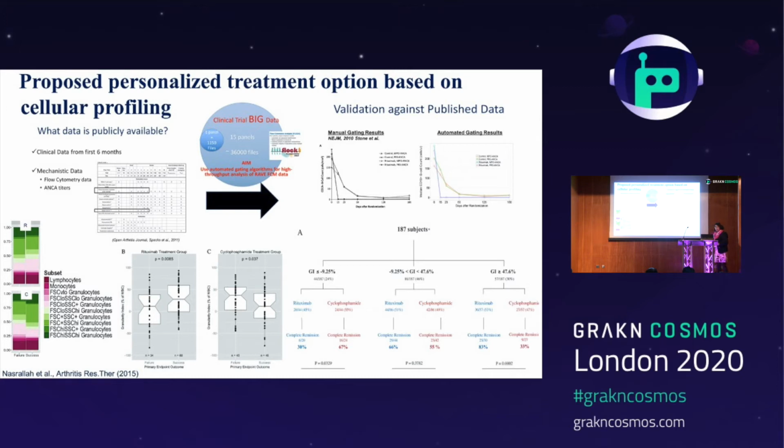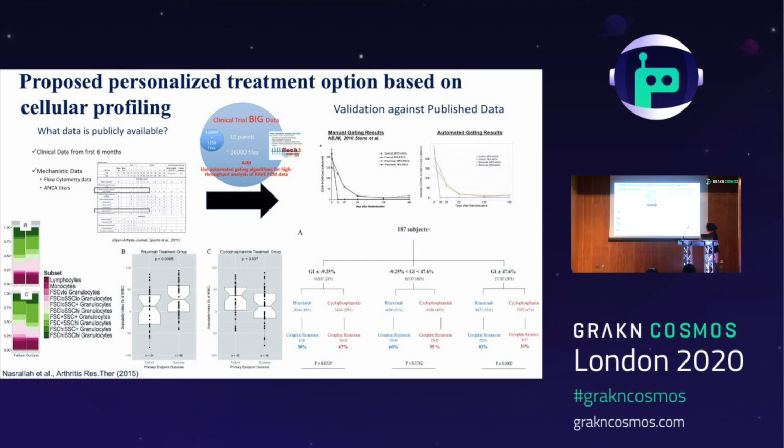Then, coming to our questions, what we were interested in was whether we could do some baseline analysis. These patients were recruited in the clinical trial and randomized, so they were either in the cyclophosphamide group or in the rituximab group, but no one did a cellular profiling of these patients at baseline before the treatment.